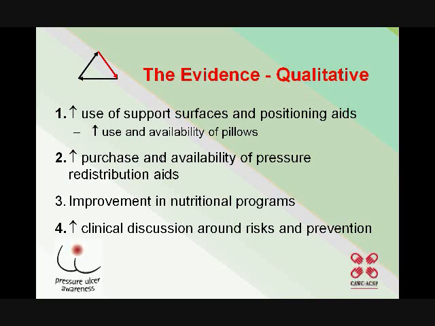Some facilities said only 1 pillow per patient, and all of a sudden they realized how important it was to get those pillows used in positioning patients in positive positions to avoid pressure ulcers. Increased purchase and availability of pressure redistribution aids. Improvement in nutrition programs. Increased discussion around risks and prevention.